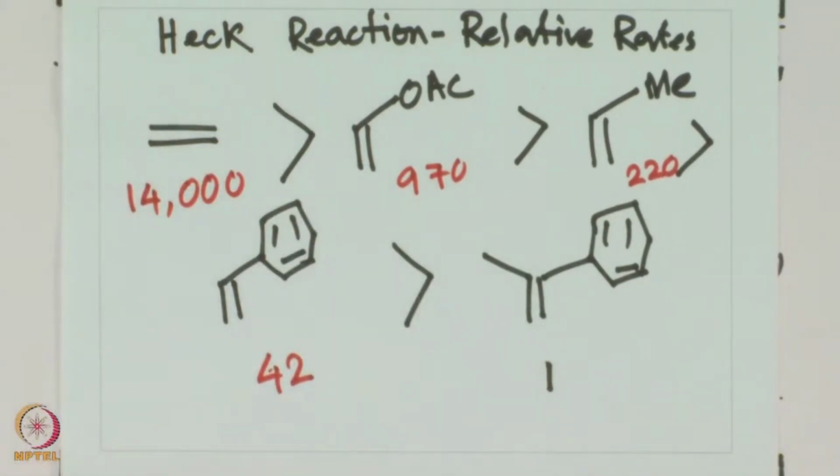So, as you have seen in this example, if you have no substituent on the olefin, that is most reactive. The more substituents you have on the olefin, the reaction rate decreases. Therefore, it is a steric factor controlled reaction.